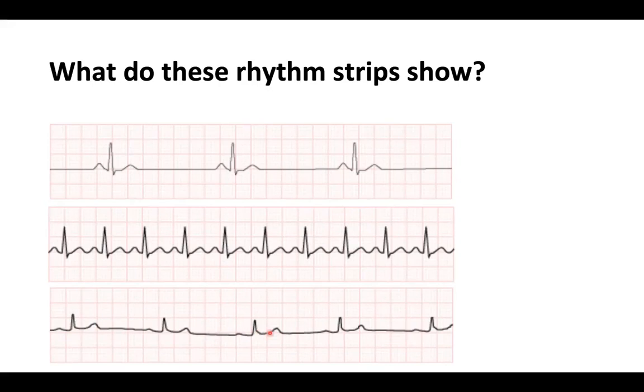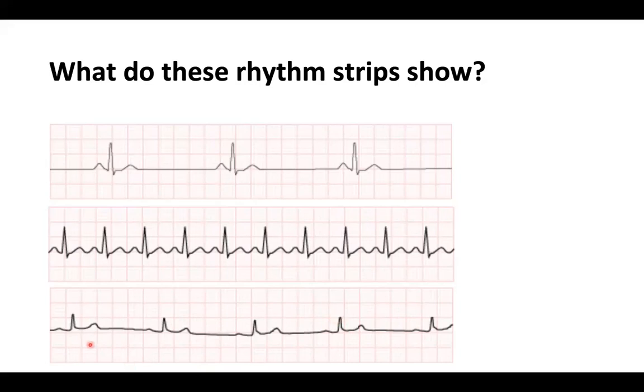And then this one is 5 big squares and about 3.5 small squares. So they're almost identical RR intervals, but not quite. And then this one is really long, almost 6 big squares. So you know this is a really long RR interval.